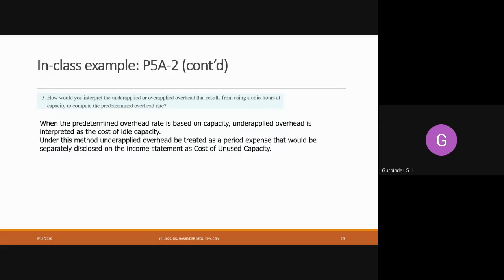So that information, the cost of idle capacity, is reflected as cost of unused capacity on your income statement. So it would be shown as a period expense. It will be separately disclosed on the income statement as cost of unused capacity or cost of idle capacity, if we are using the capacity to calculate the predetermined MOH rate.